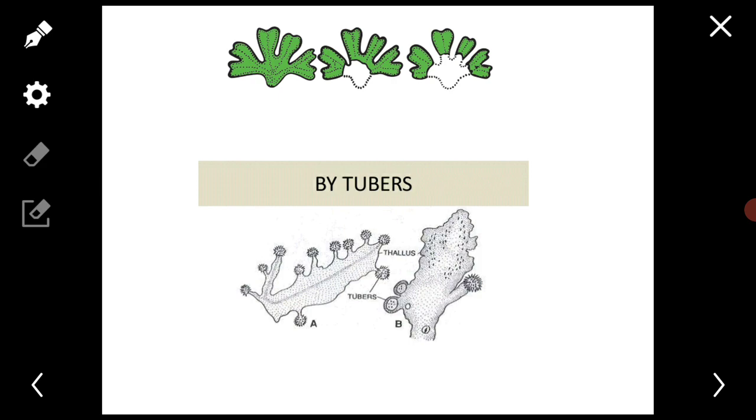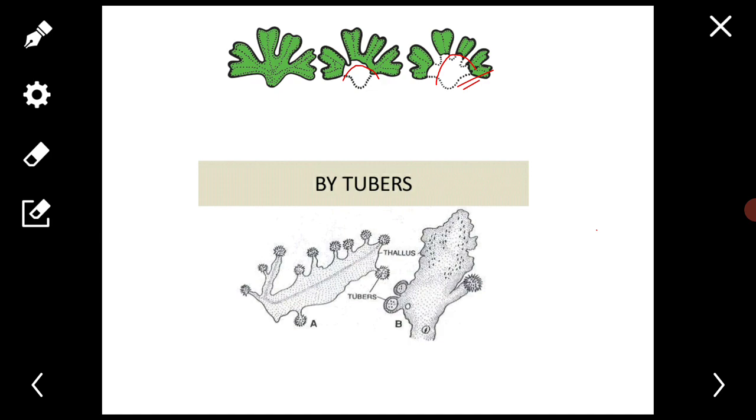Vegetative or asexual reproduction occurs in this plant by a variety of means, like fragmentation. This method is common in all liverworts but not so common in Anthoceros. It occurs by progressive death and decay of the posterior portion of the thallus.